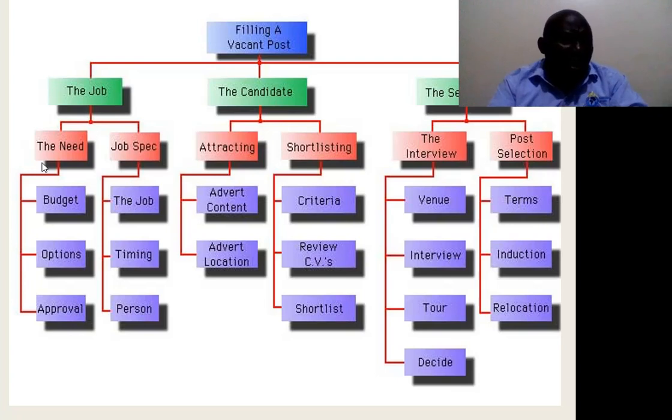Maybe another example, which I didn't include here, would be if someone wants to build a house. Some of these activities under the work breakdown structure build on one another. You must have a plot of land, the budget, and the materials.